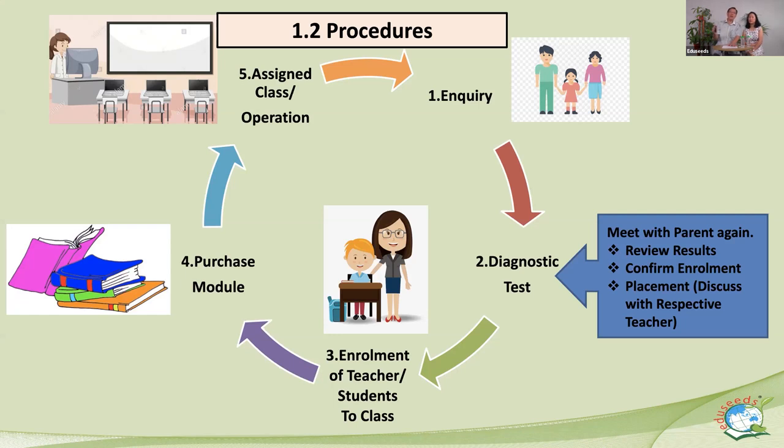So after you have explained this already, then the parents say, "I'm satisfied, I want to enroll." And the enrollment will be based on where you have diagnosed the child. Maybe the child is 11 years old, but the diagnostic test showed that he cannot start at grade 5 or grade 6. He's supposed to go to grade 6.